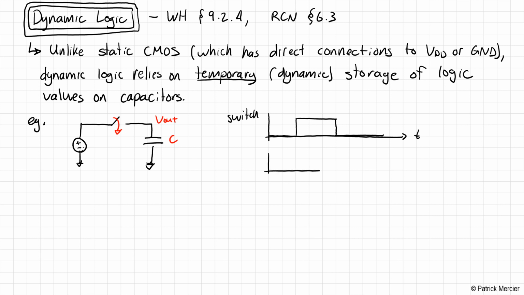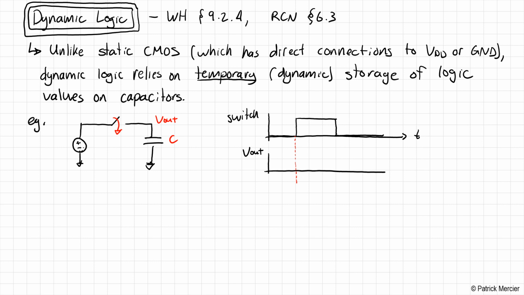So what happens to V out? Okay, so this is V out. Prior to this all happening, we actually don't know what the value of V out is. In fact, I'm not even going to bother drawing it. We don't know what the value is. It turns out we will have a way to do this moving forward, but let's just say we don't know.